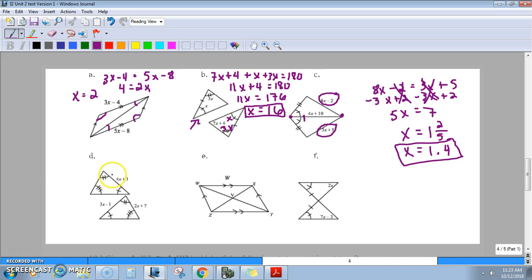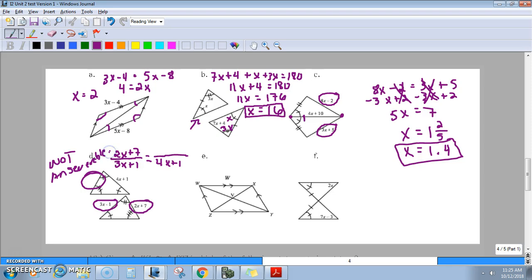So I can say that 2x plus 7 over 3x plus 1 is equal to, and then this would be 4x plus 1 here, but the corresponding side to 2x plus 7 would be here, but since there's nothing there, this is not answerable.